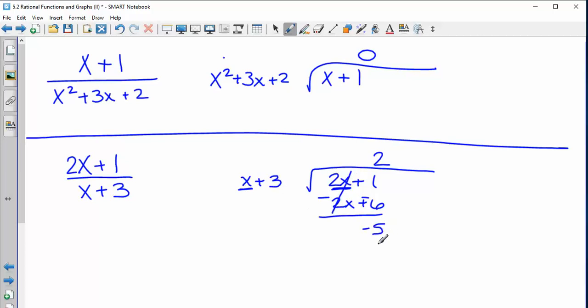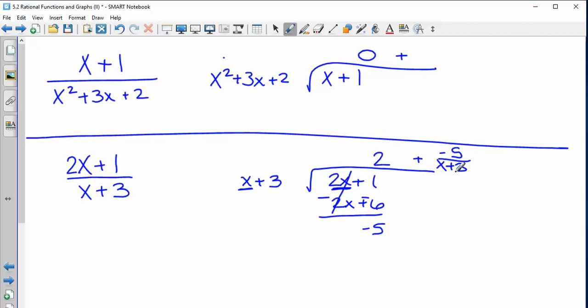Can you do -5 divided by x? No. So that -5 is just your remainder. So your horizontal asymptote is essentially the quotient leaving the remainder off. This is 2 plus your -5 over x plus 3.